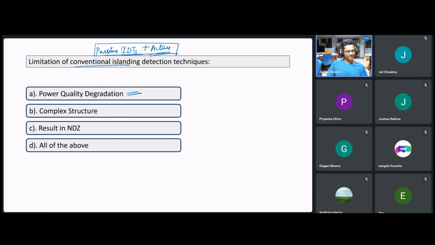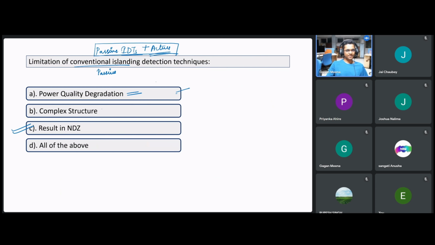Is it clear or is there any confusion? If this question had been about the limitation of conventional passive islanding detection techniques, the answer would have been this, because in passive techniques there is no power quality degradation.